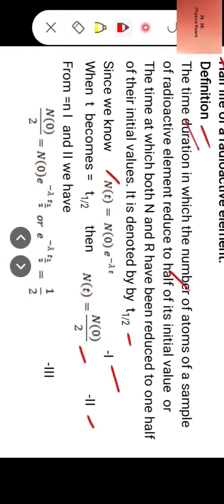Now, from equation 1 and 2, we have N0 by 2 is equal to N0 into e raised to power minus lambda t half, or e raised to power minus lambda t half is equal to 1 by 2. Let us mark it as equation 3 because N0 cancels here.